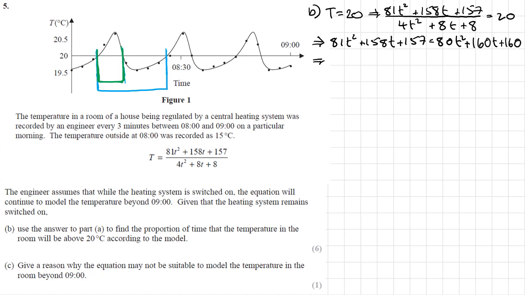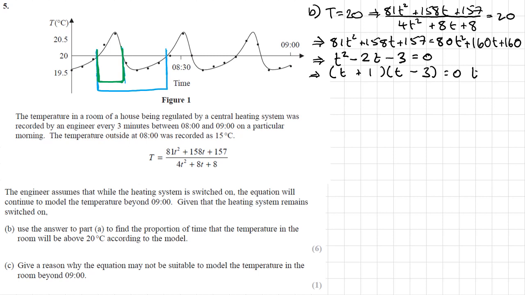Right, let's take away 80t squared from both sides, leaving us with t squared. Let's take away 160t from both sides, so I'll have minus 2t, and taking away 160 from both sides, we're left with minus 3 is equal to 0. We can solve that by factorising, and I will get (t plus 1)(t minus 3).